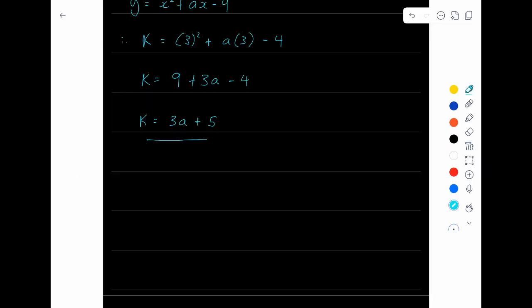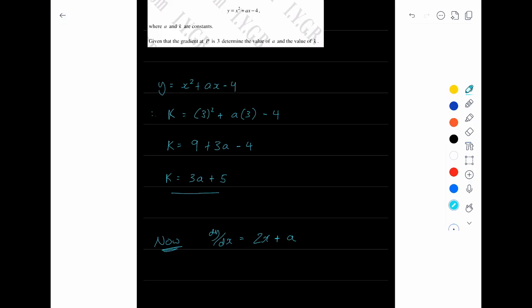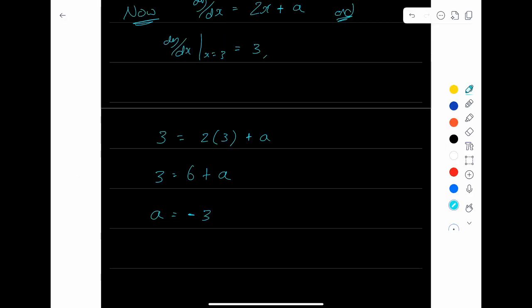Because we can say that, according to the equation, y is equal to x squared plus ax minus 4, dy/dx must therefore equal 2x plus a. Now at P, the gradient here is 3. And so if we plug in x equals 3, we get 3 is equal to 6 plus a, which naturally means that a must equal negative 3.